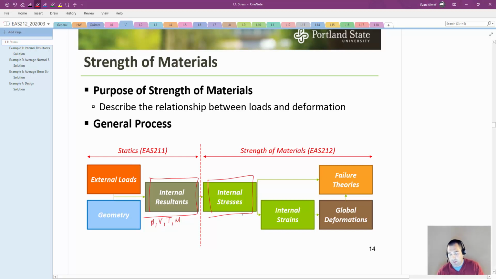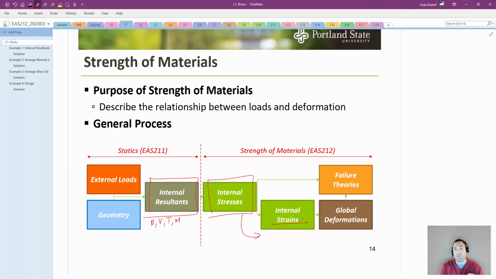Once we're able to quantify what those stresses are, and we'll do that in just a minute, then we can start calculating or estimating what the strains are. And I mentioned at the very beginning of the lecture that strains are the quantification of the deformation of a part of a system or a part of a body. So we'll look at a very small piece of a material, and the strain is simply how much is that getting longer or shorter, how much is that changing its angle.